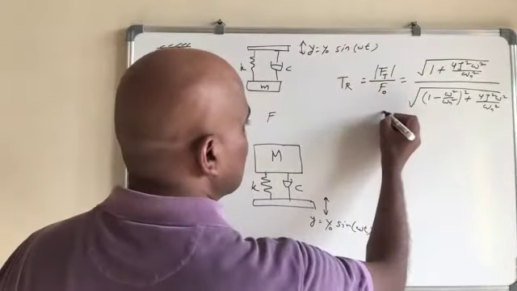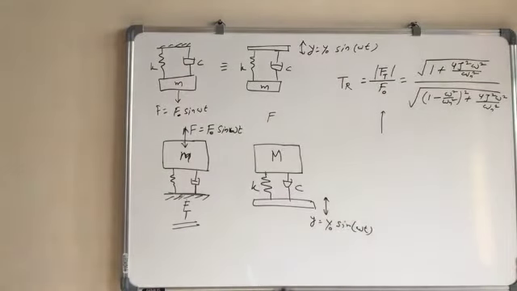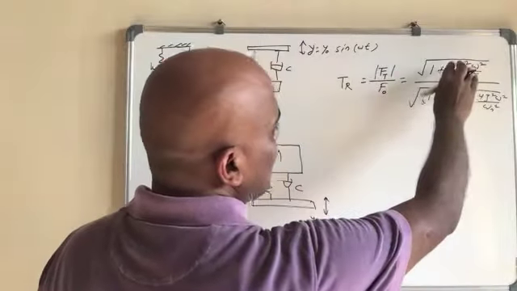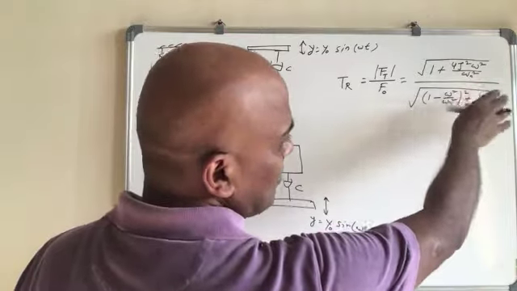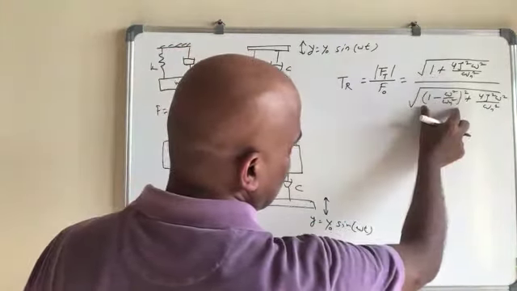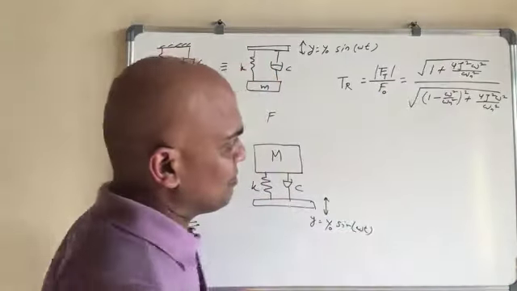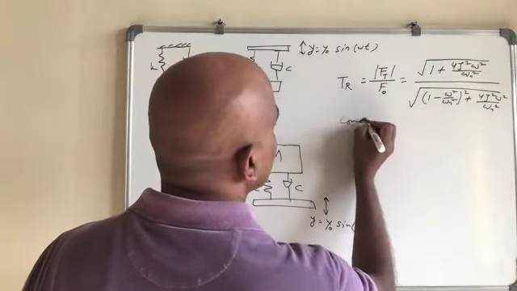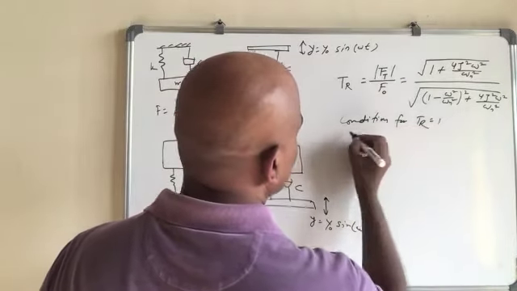First thing we can notice here is that the numerator and denominator both will be equal when this is equal to 1. Then both will be the same. So finding out the condition for TR equal to 1, what will be the condition?